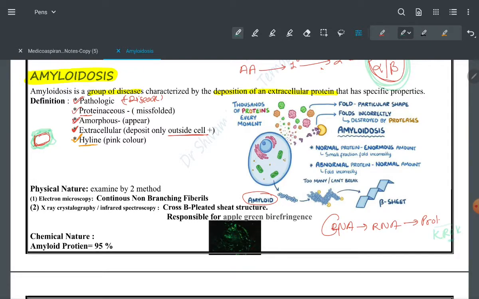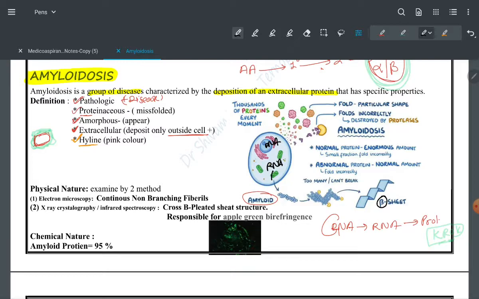The next one is the process of amyloid. You can simply mark it as DNA to RNA, and from RNA to amino acids, and then to the protein structure. It is a misfolded protein, like you can see here, beta pleated sheet. Okay.